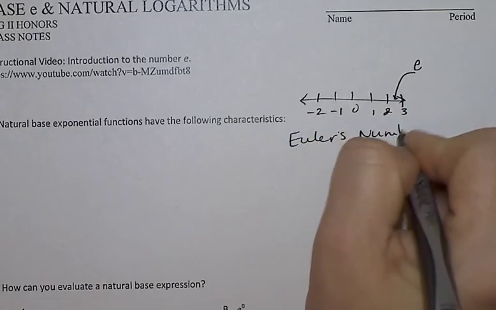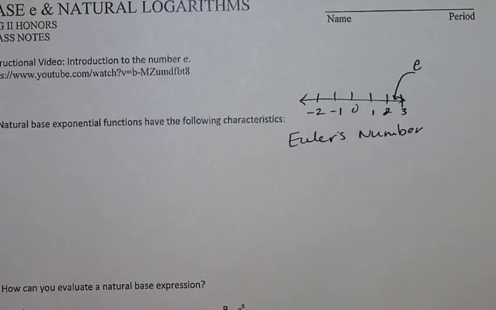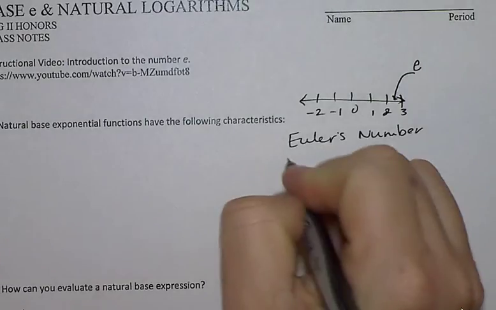A mathematician named Euler discovered that in real life we often model quantities in science that grow and decay continuously with this number. And so if you watch that video, they would show you different parts in science and different real life examples of where that happens.